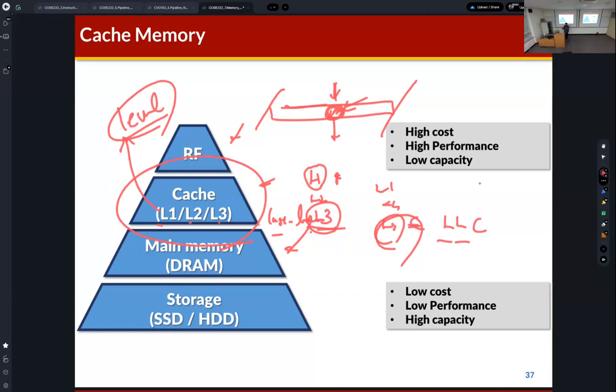And actually, this is kind of a bookshelf: the main memory is large, but it's slow. In a certain time period, we will just use a part of the data in the main memory.